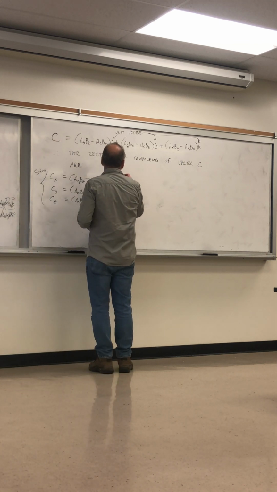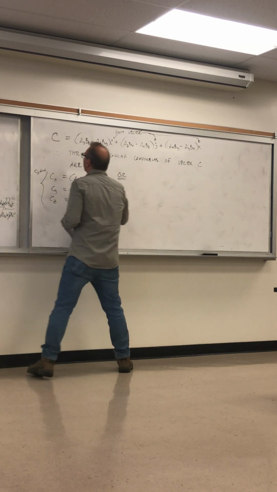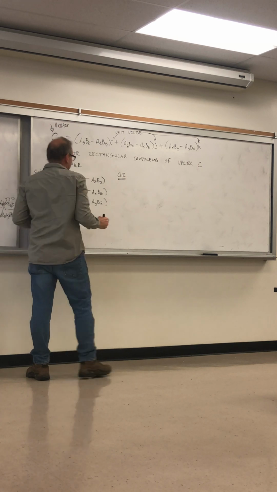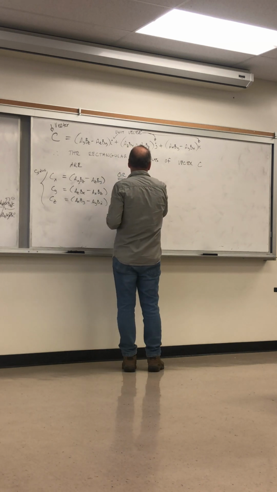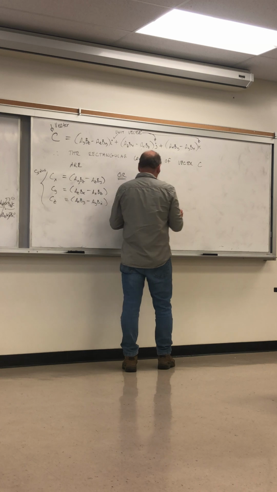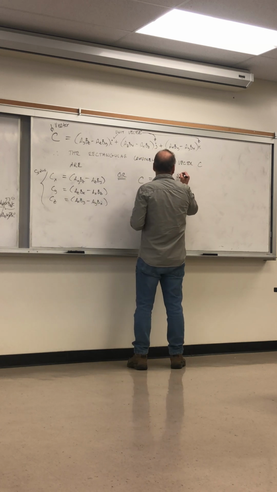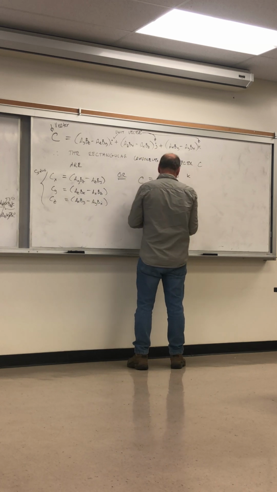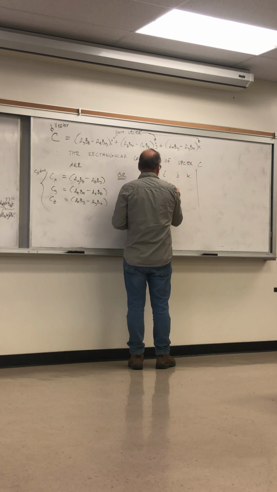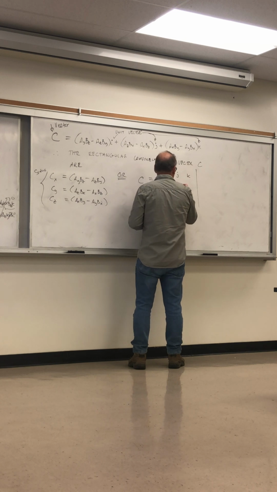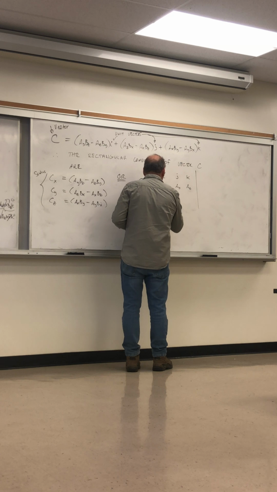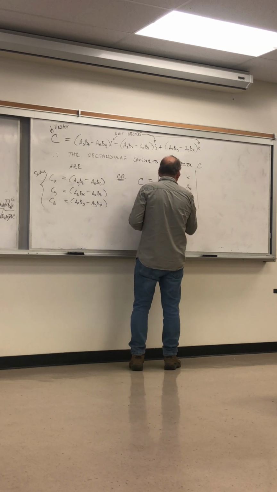Or, and this is a vector too. C equals I, J, K, AX, AY, AZ, BX, BY.